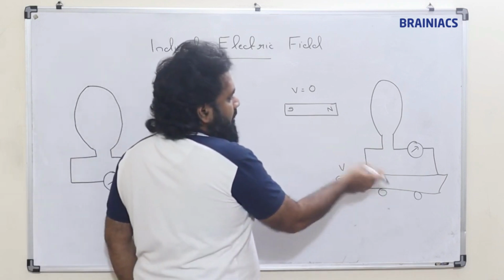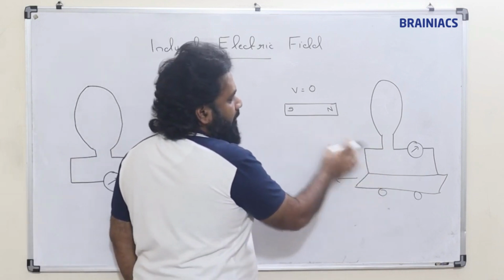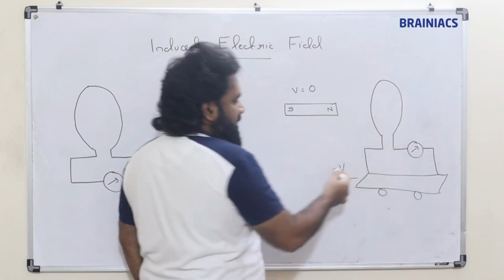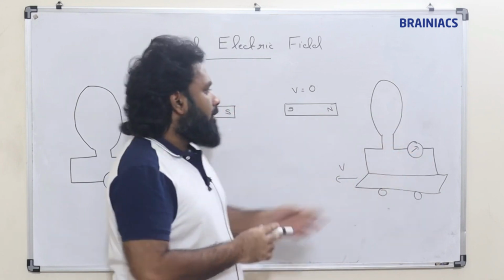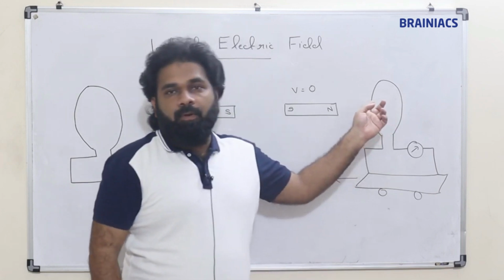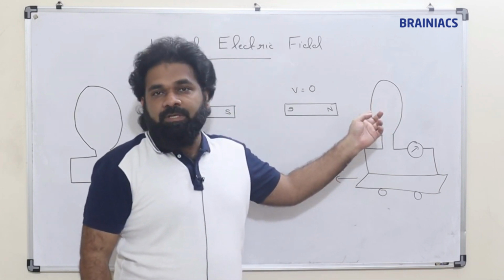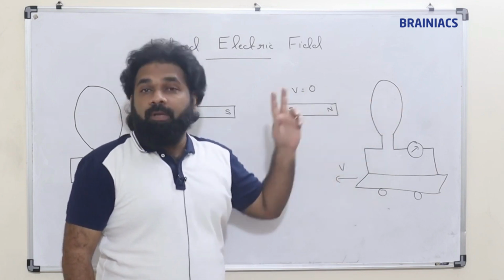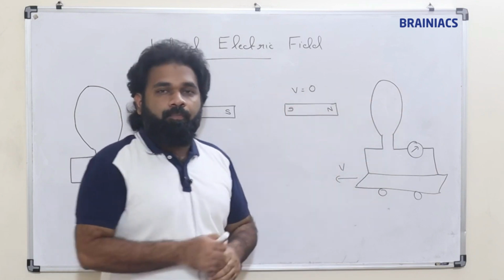In this case, the magnet is stationary, but if the coil connected to the galvanometer is moving, definitely there will be a change in magnetic field, a change in magnetic flux, induced EMF, induced current, and an induced electric field also.